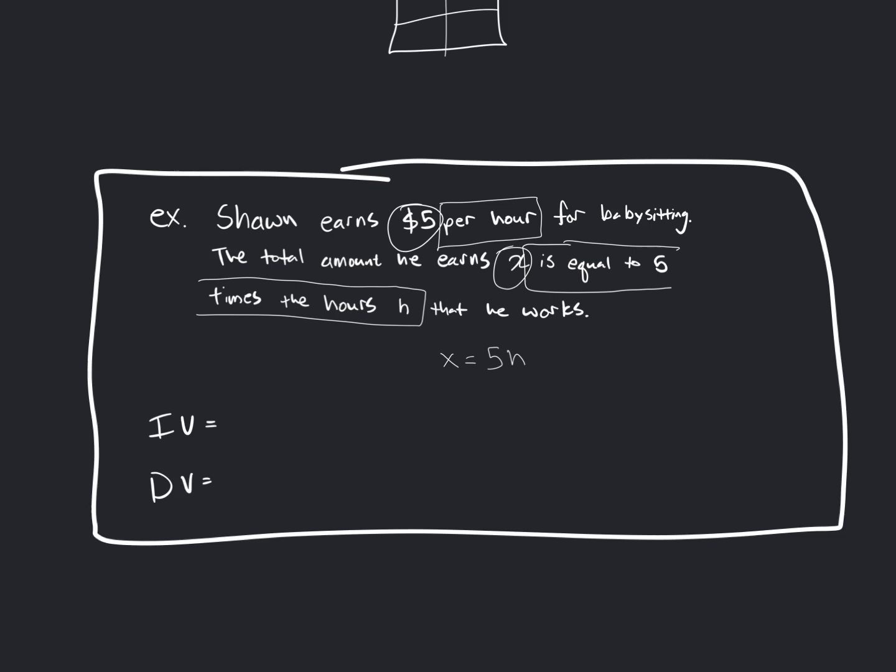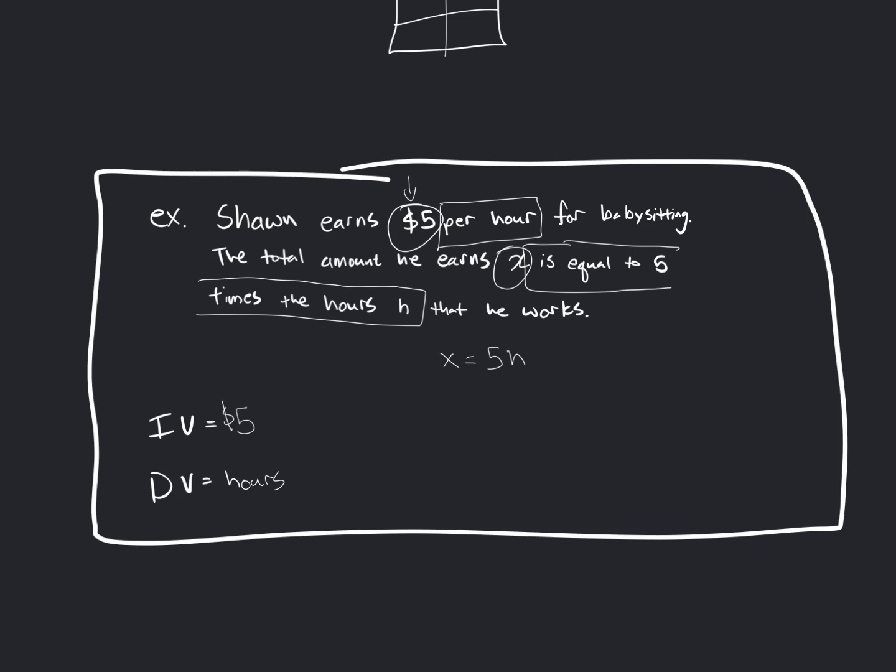So our independent variable, this is the value that never changes, and that's how much Sean makes in an hour. So it doesn't matter how many hours he babysits, his rate is $5 an hour. So that is our independent variable. Our dependent variable are his hours, right?